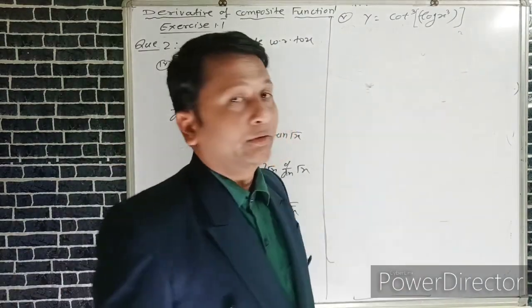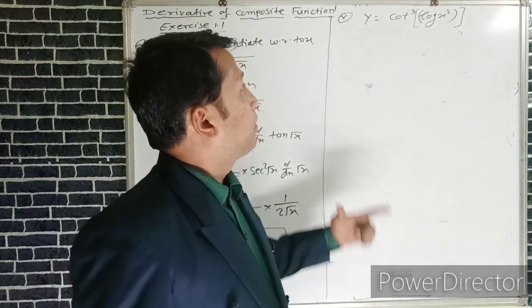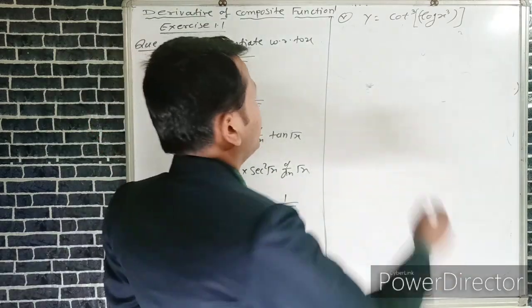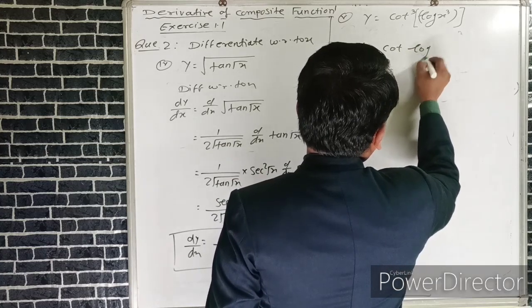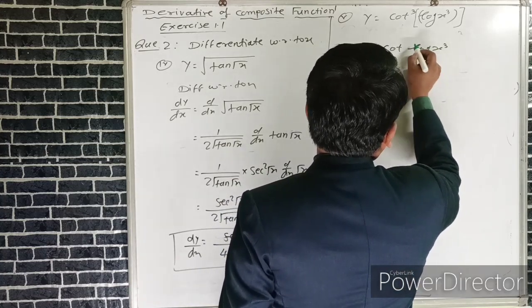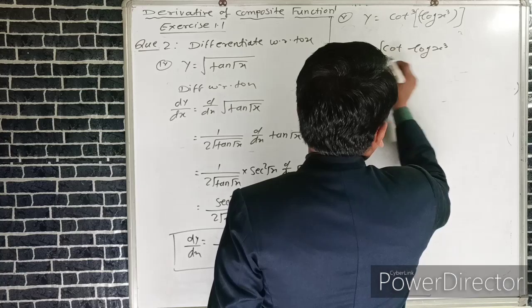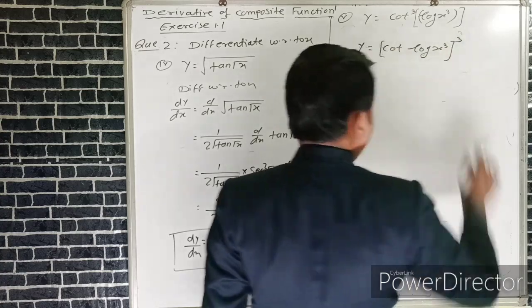Next example number 5 is again in the form of cot cube log of x cube. We can write this function y is equal to cot of log of x cube whole raised to the power 3.